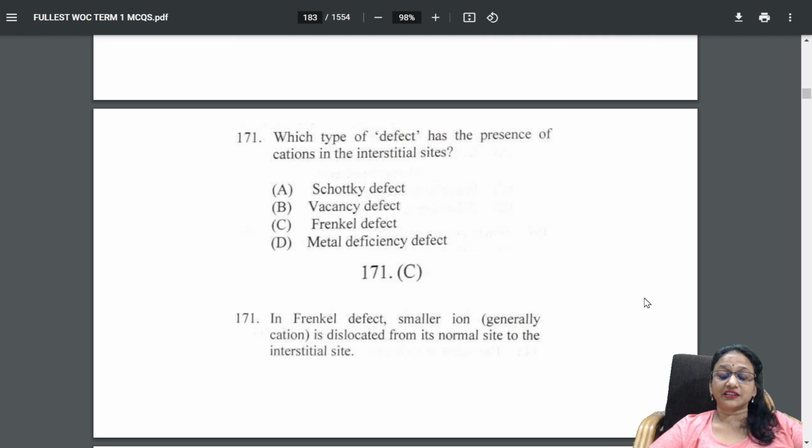Okay, Frenkel defect. Yes, the smaller cation gets dislocated into interstitial sites, right? And they will also ask you questions based on how the density is affected. Correct? In Schottky defect, cation and anion skip out. In Frenkel defect, this is what happens.